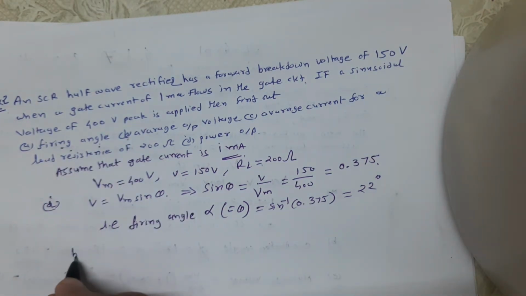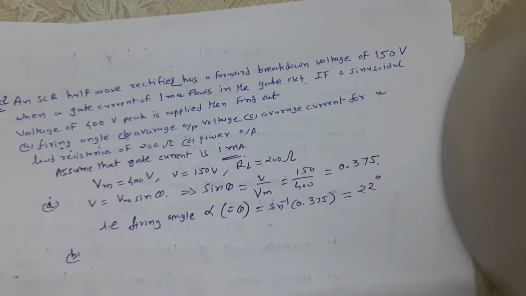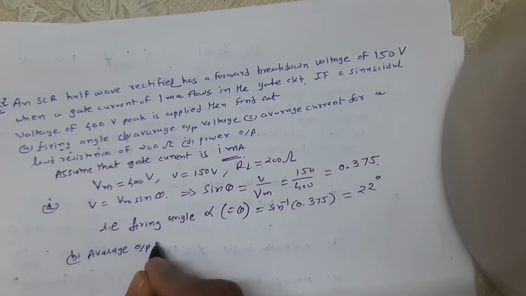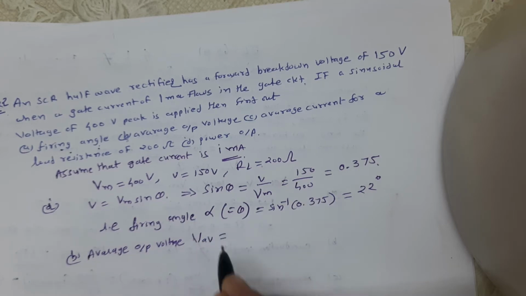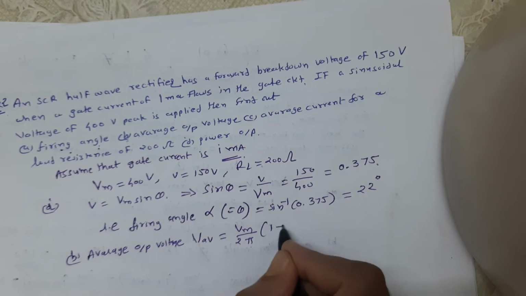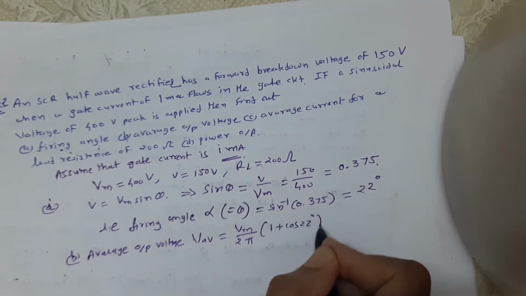Now the second one is B, the average output voltage. That means V average is equal to Vm upon 2 pi into bracket 1 plus cos 22 degree.